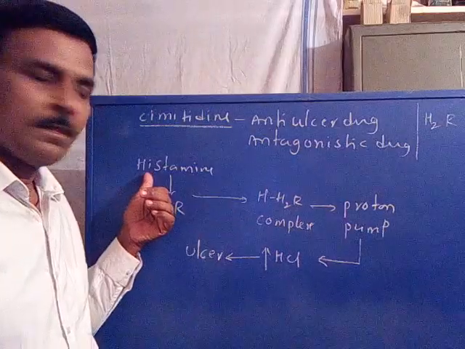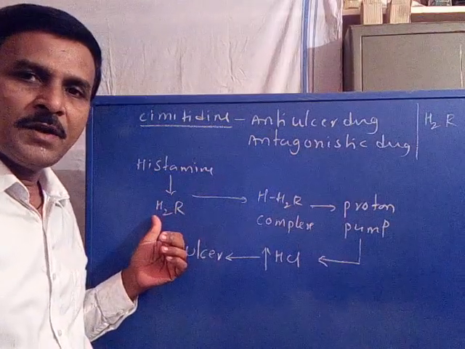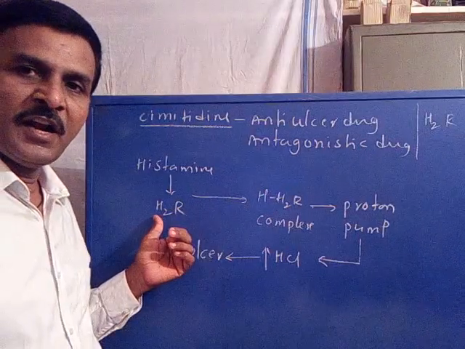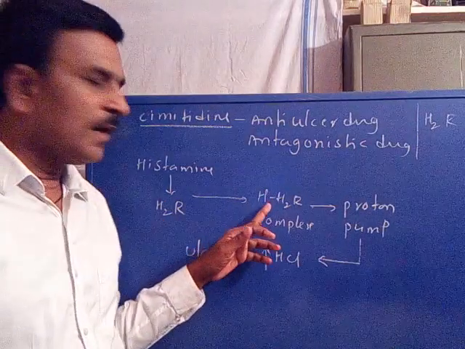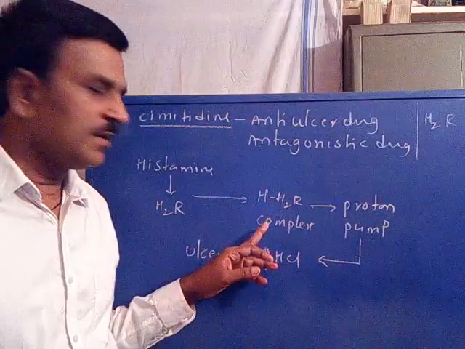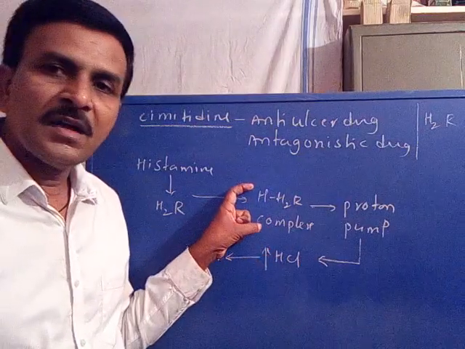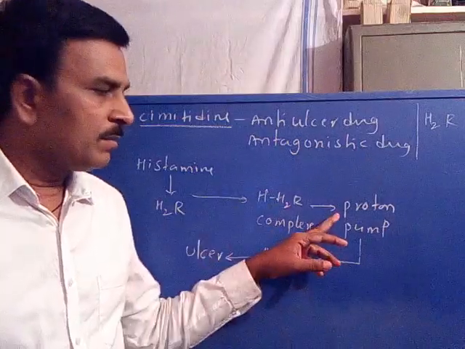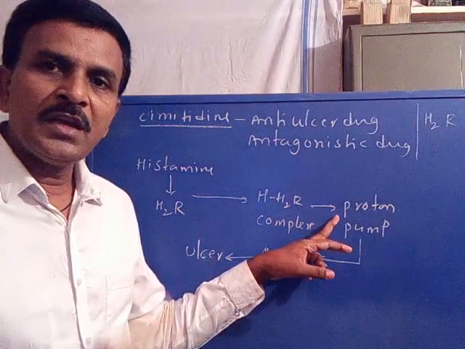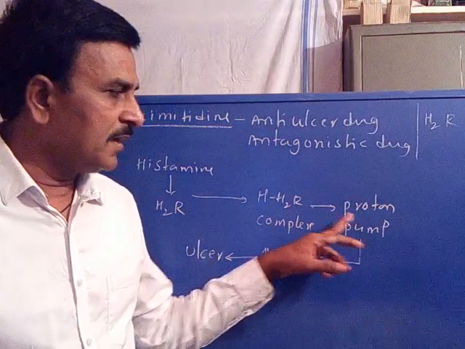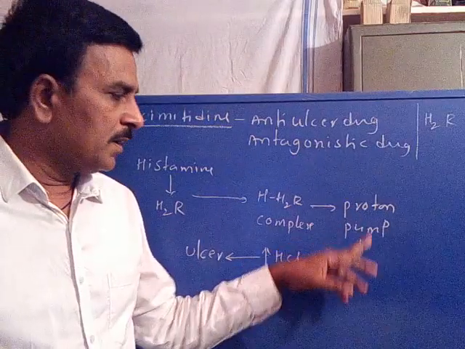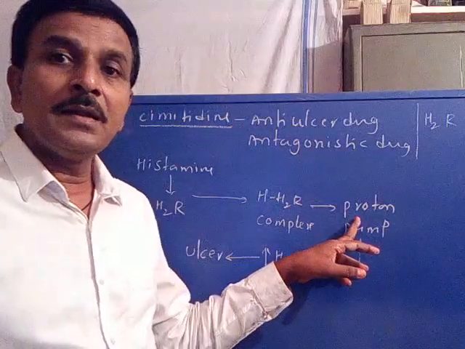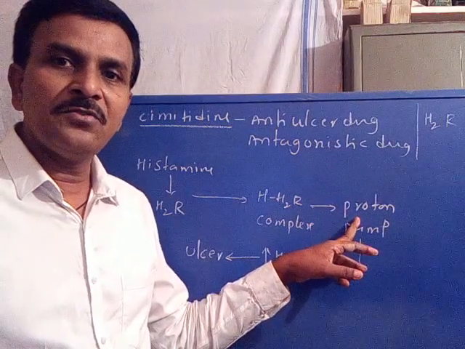Histamine, when interacted with the histamine 2 receptor in excessive concentration, forms more histamine 2 receptor complex. This complex acts as a promoter which promotes the proton pump to secrete more hydrochloric acid. This proton pump is present in the gastric mucosa, that is, in the digestive system.